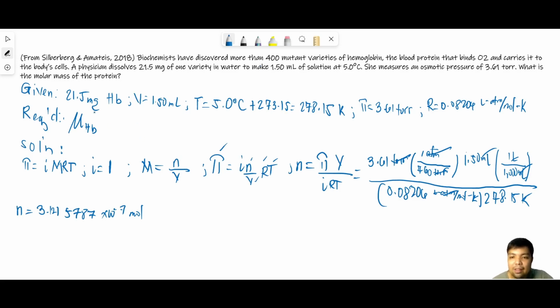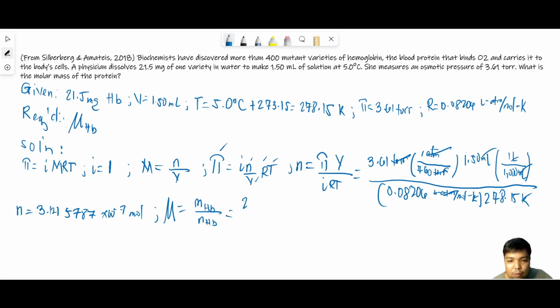So we need to get the molar mass of your hemoglobin. We know that the molar mass is equal to the mass of your substance in grams divided by the number of moles of your substance. So we divide the mass of your hemoglobin by the number of moles that we have already solved from our osmotic pressure data.